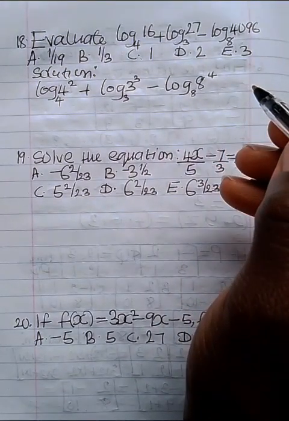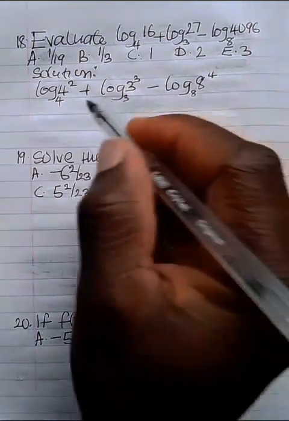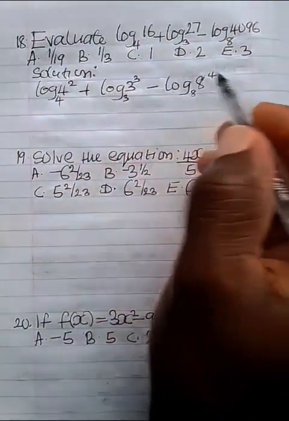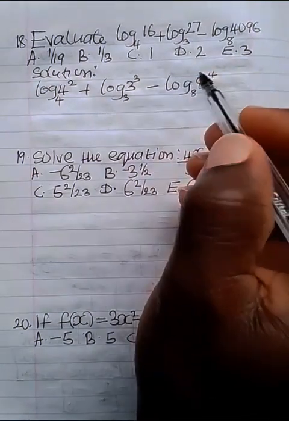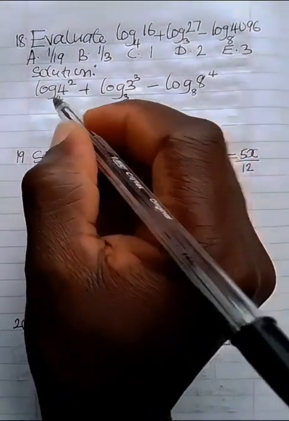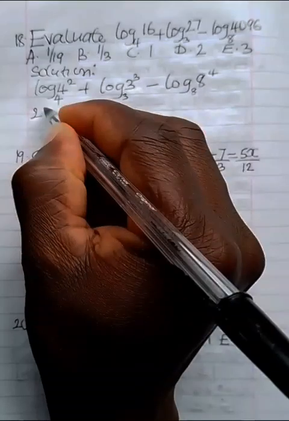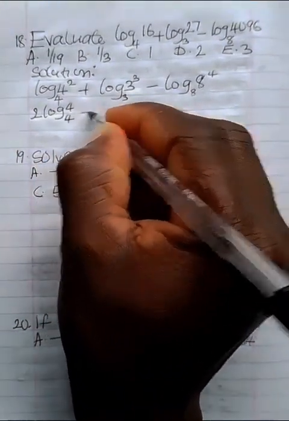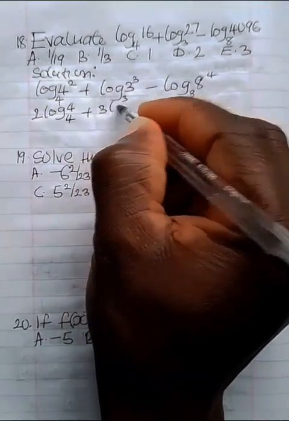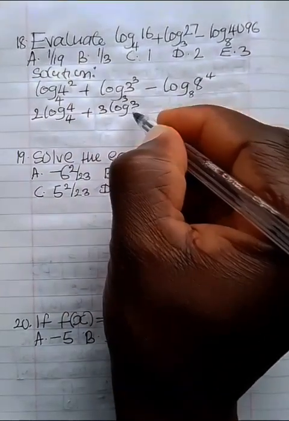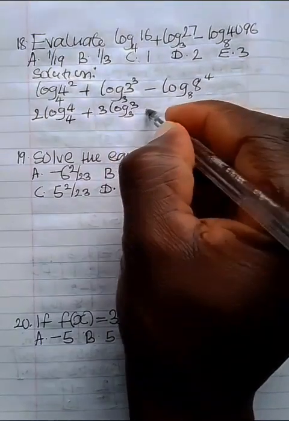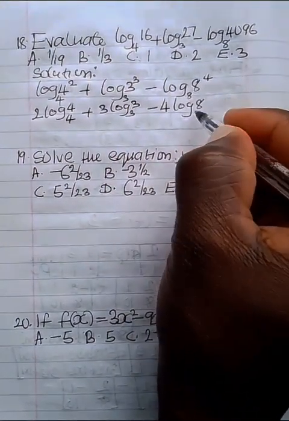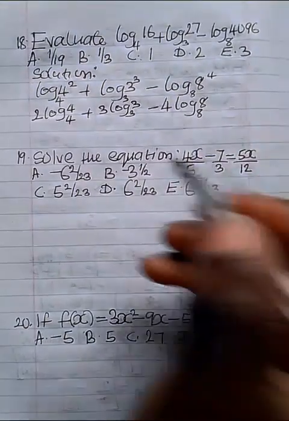By the power law of logarithm, we take the powers 2, 3, 4 to multiply from behind. So we have 2 log 4 base 4 plus 3 log 3 base 3 minus 4 log 8 base 8.